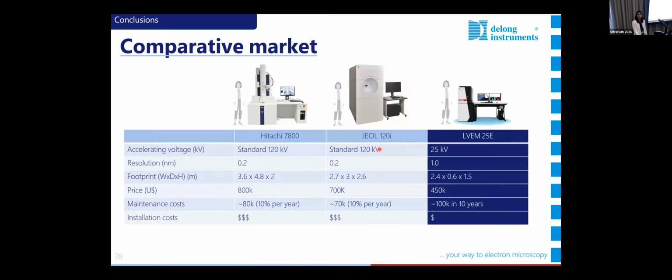They have a very good resolution, but as I mentioned, not really applicable in that specific application. If we are talking about materials, development of different things, then yes, but in pathology, biological, 1 nanometer is more than enough for most of the samples that you have. The footprint is even not comparable.